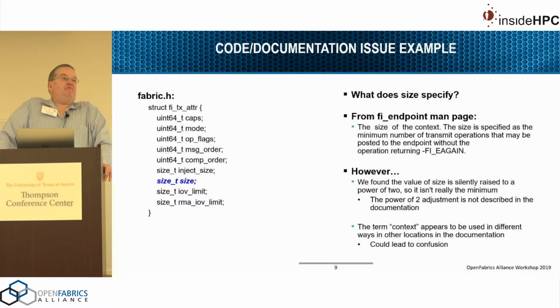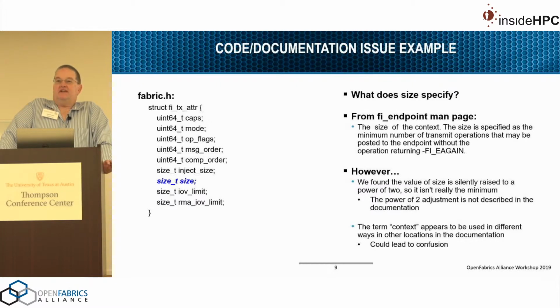However, what we found is that in this particular case, this value of size is silently raised to the next power of 2. Not really quite sure why it's doing that, but it does. And we believe that the term context is a little bit overused throughout the documentation.